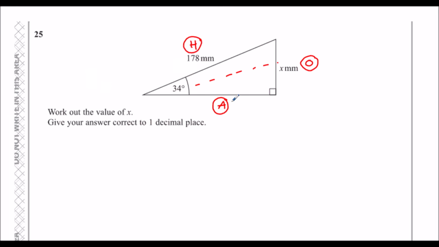So we're using SOH, or TOA. So we're using H and O, we're not using A. So it can't be the ones with A in. So it's SOH, O and H. SOH means sine of the angle equals O divided by H. You also might use a triangle to work this out.